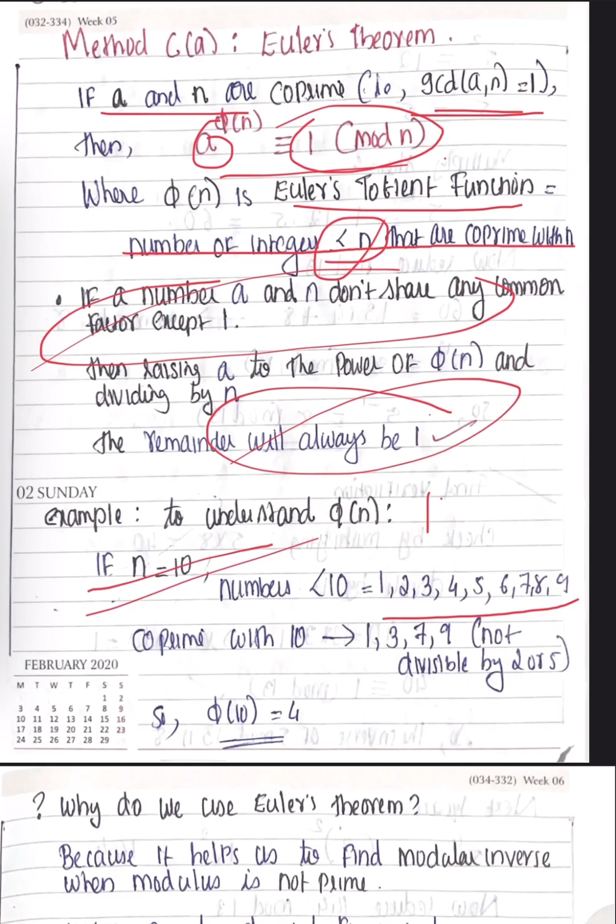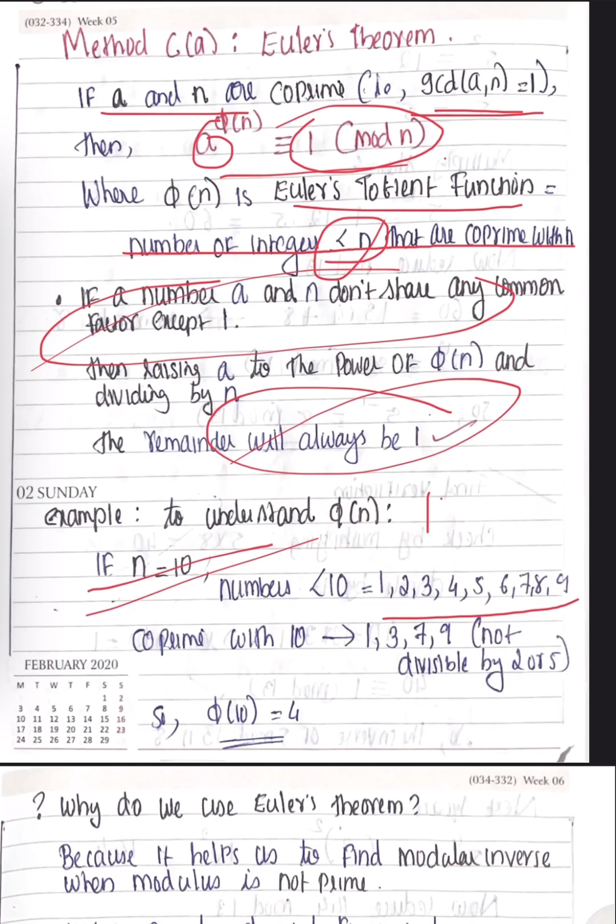Coprime, or relatively prime, means two numbers have no common factors except 1. In other words, GCD of A comma B equal to 1. This means the greatest common divisor is 1.